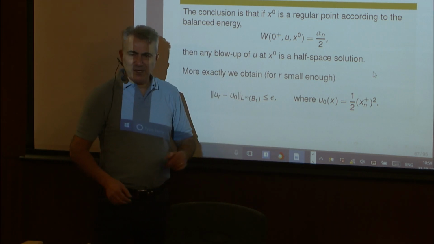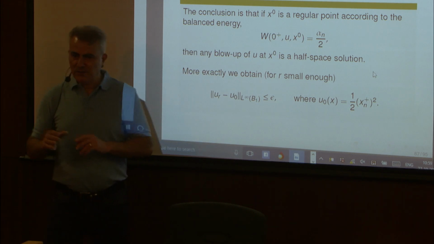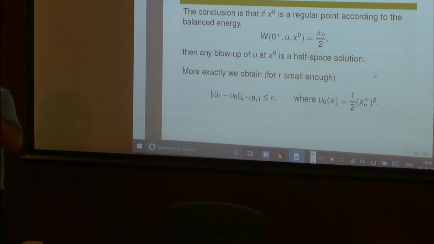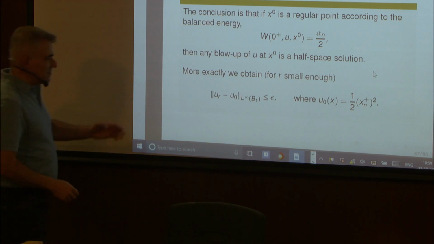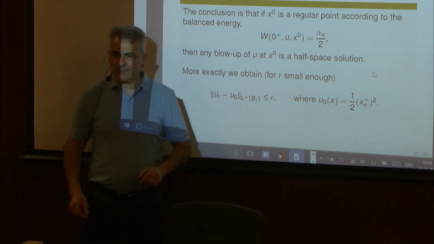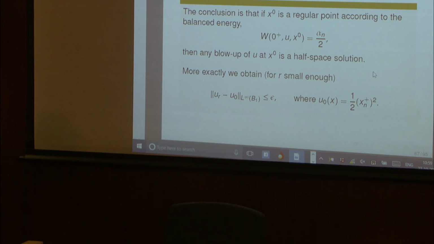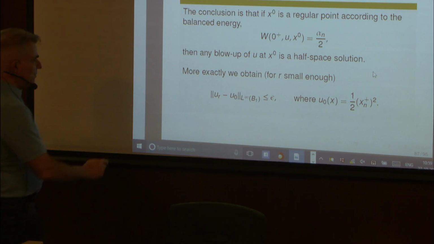Whatever epsilon you give me, I can choose a much smaller r, so that it's so flat that the difference is less than epsilon. Even in C1 alpha norm, actually, because the convergence is actually C1 alpha. Okay? We're going to use this very soon.